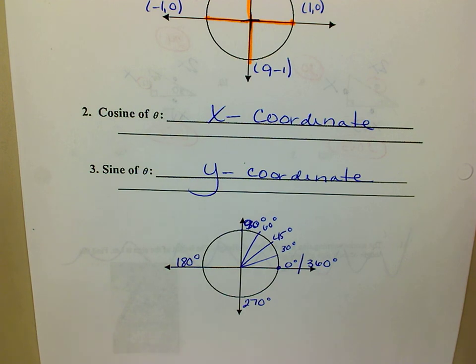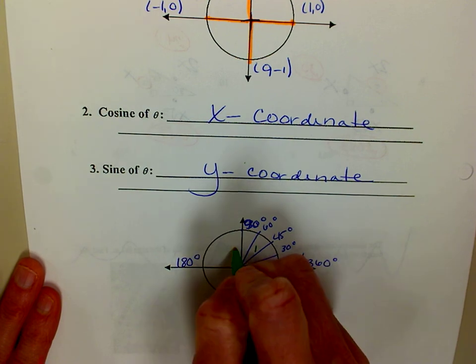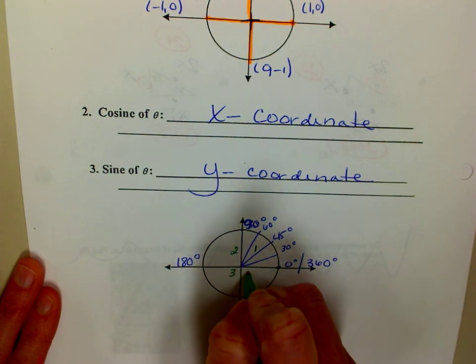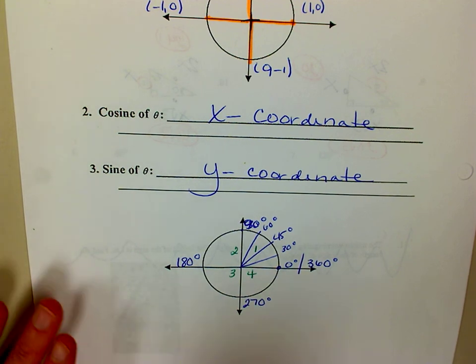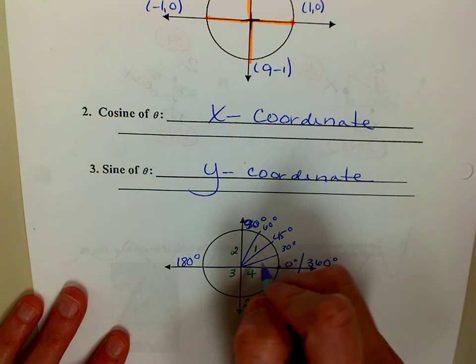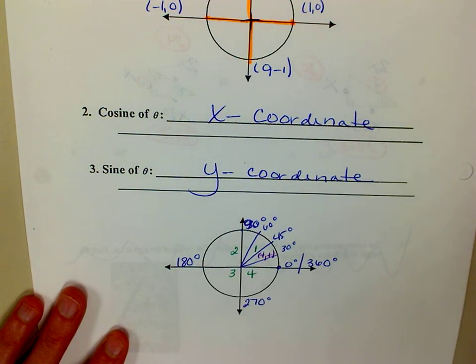All right, anyway, also recall that we have 4 quadrants. This is quadrant 1, 2, 3, and 4. And then we also want to talk about the signs in each quadrant. In quadrant 1, both x and y are positive. So positive, positive.